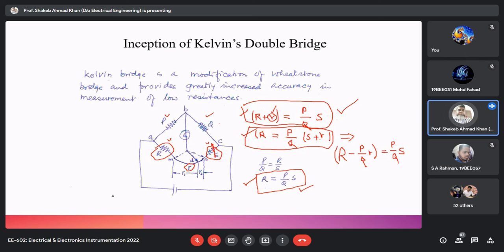So it has been suggested that instead of connecting the galvanometer at M and N, we connect the galvanometer somewhere in between M and N, so that this connection divides the lead and contact resistance into two parts, r1 and r2, in such a way that the ratio of r1 and r2 is equal to the ratio of P and Q. Then this lead and contact resistance won't affect your final outcome.